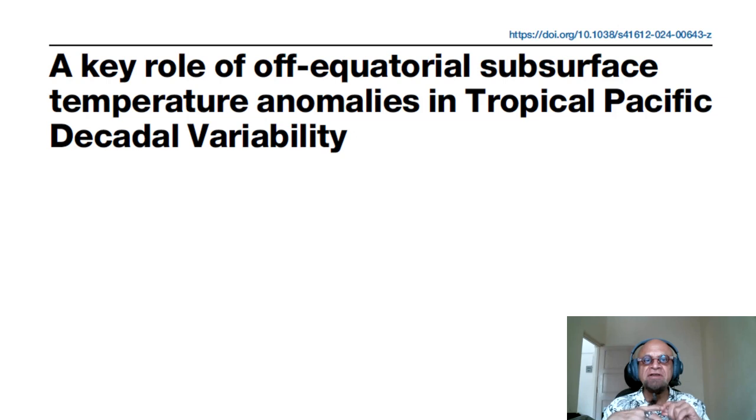And whether the mean temperature anomalies are affected by the circulation, meridional circulation anomalies like the subtropical cell anomalies and so on. So let's see what this paper has to say.